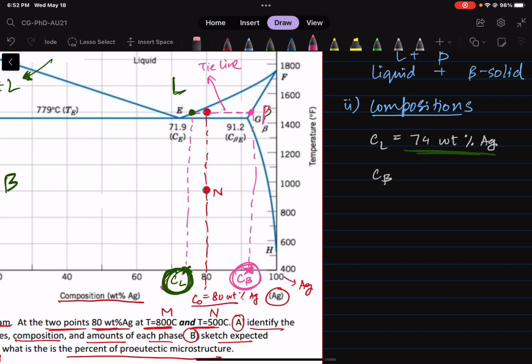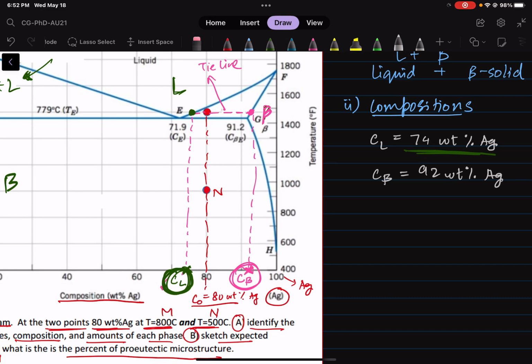Why? Because beta is on the right hand side, so the composition of beta will correspond to approximately 92 weight percent silver. All right, this is how you can get the liquid composition and beta composition.